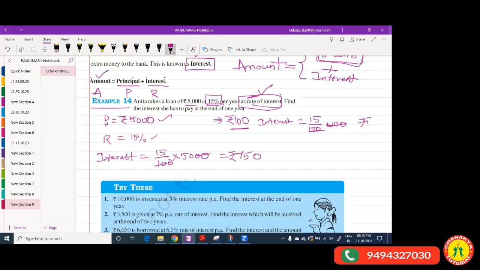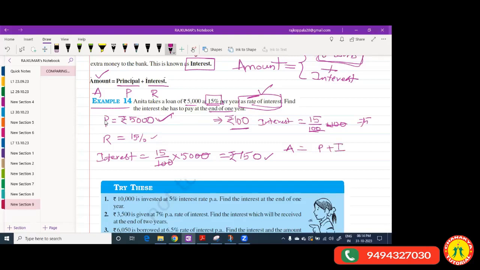So at the end of 1 year, how much interest will he pay? 750. How much amount will he pay? Amount means the principal amount he has taken plus interest.